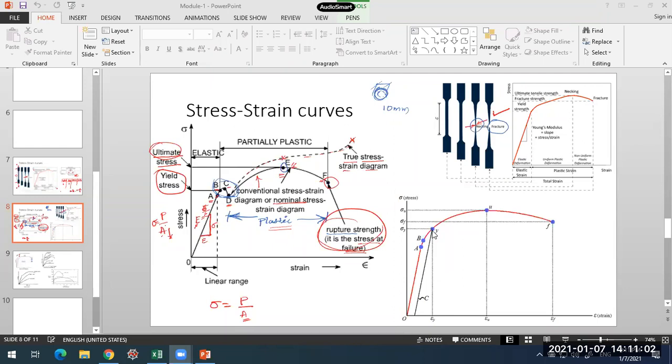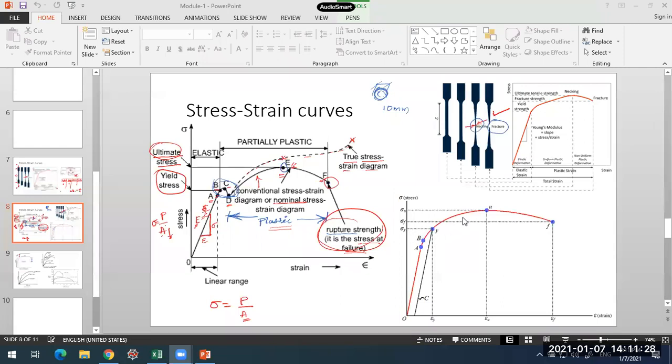That is the reason why we go for this. So this is the proof strain at which we take the proof stress, and to get the stress corresponding to the strain, I draw a straight line with the same slope as the initial portion of the stress-strain curve. Wherever it intersects the curve, that will be taken as the yield stress.